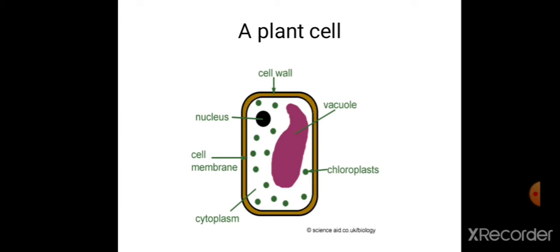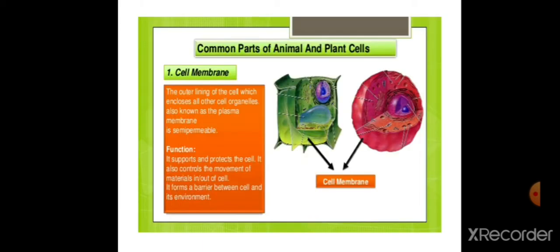It also had nucleus and it also had cytoplasm. So what is new over here? It has got chloroplasts, it has got cell wall, and it has got vacuole. So remember all these organelles. We are going to see the function of these organelles in detail.